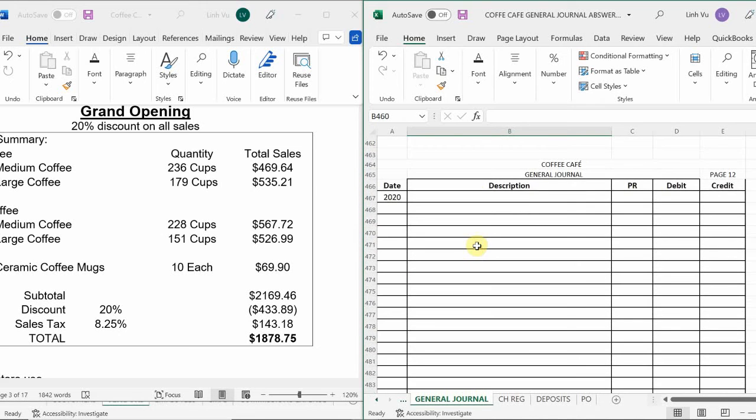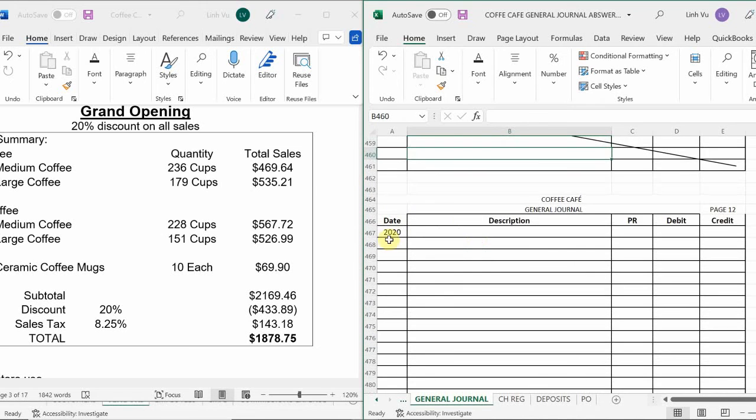So, here we are, in-store sales on the 22nd of June. So what are you going to journalize?